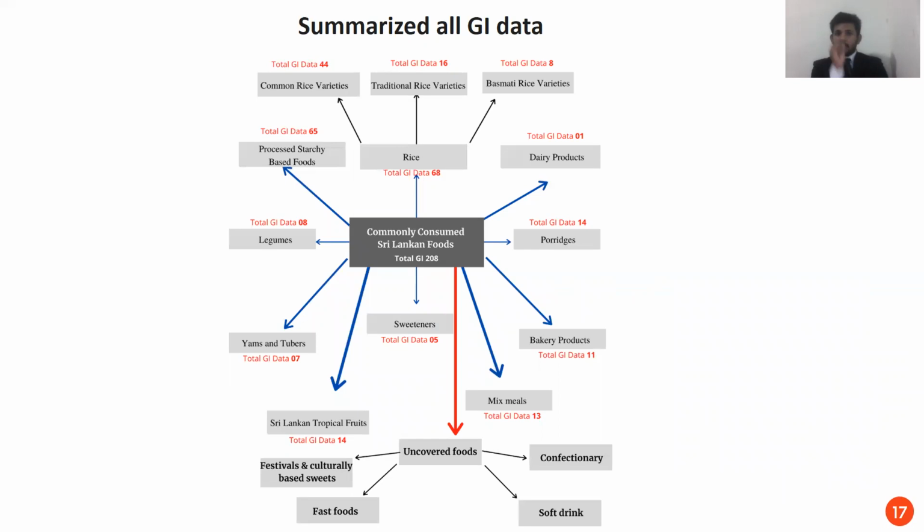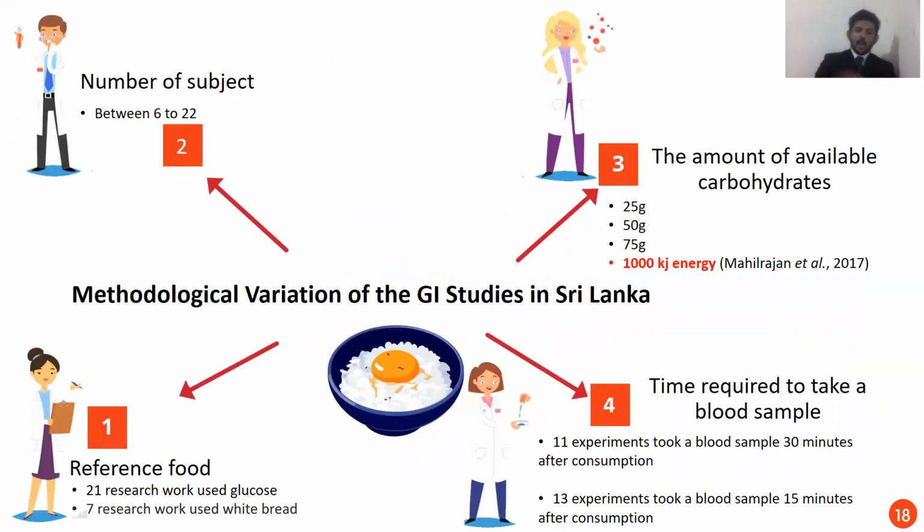category divided into three sub food categories: common rice varieties, traditional rice varieties, and basmati rice varieties, with available data. Not only that, I identified that researchers have used different methods to calculate the glycemic index value even for the same food item.